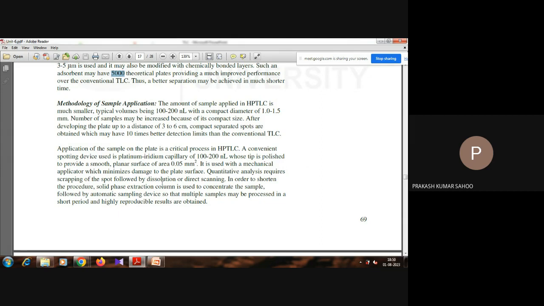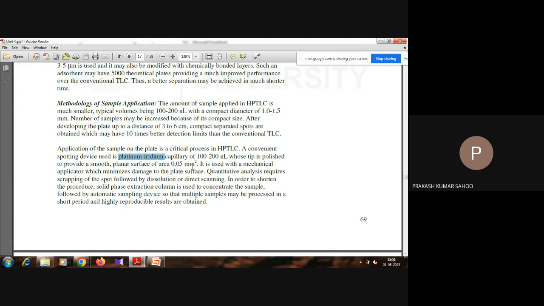Application of the sample on the plate is a critical process in HPTLC. A convenient spotting device used is the platinum iridium capillary. This is very costly. In conventional TLC it is a capillary tube or micropipette, but in HPTLC we have the platinum iridium capillary, whose tip is polished to provide a smooth planar surface area of 0.05 millimeter square.